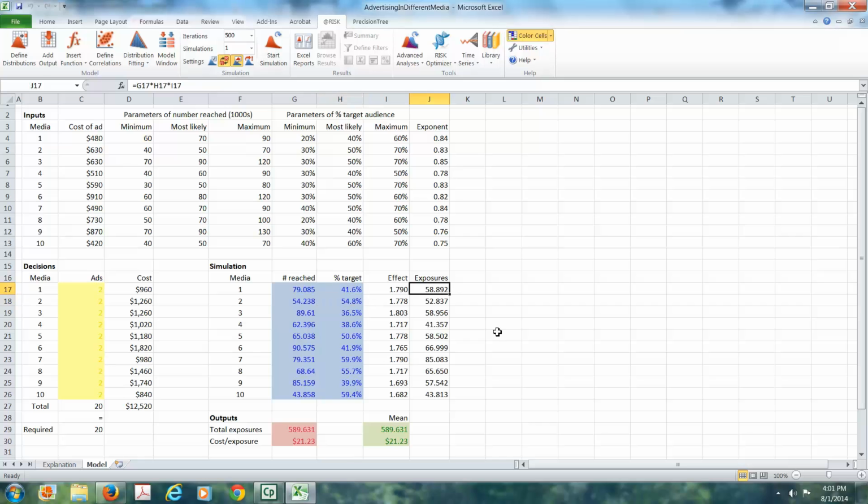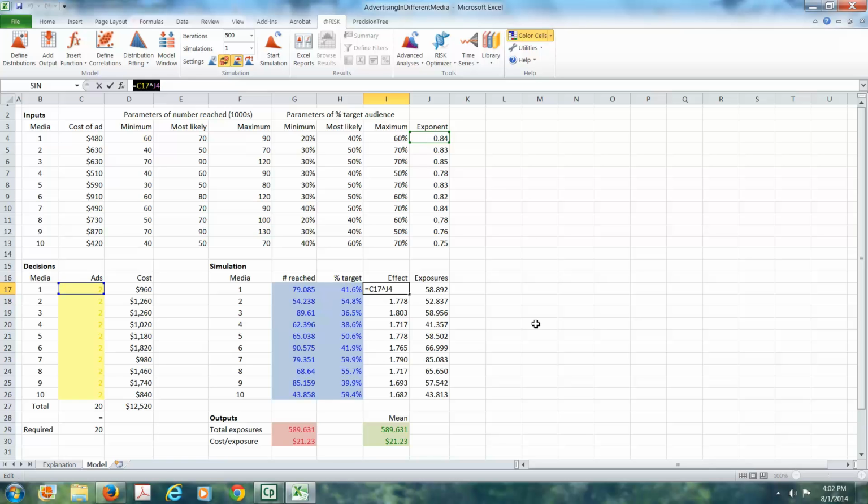What we're after is this number of exposures, and this is fairly simple. It begins with 79,000. You take 41.6% of that, but we've not looked at this effect number yet. If you look up in the function up here, you'll see this says go to cell C17, which is highlighted here in blue, it's 2, and raise it to this power over here, 0.84.